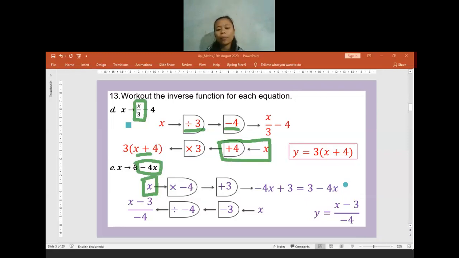After that, we add 3, so it will be times negative 4 plus 3. Opposite of plus 3 is minus 3. Opposite of times negative 4 is divided by 4. So later we will read it as x minus 3, and then everything divided by 4, so x minus 3 per negative 4.